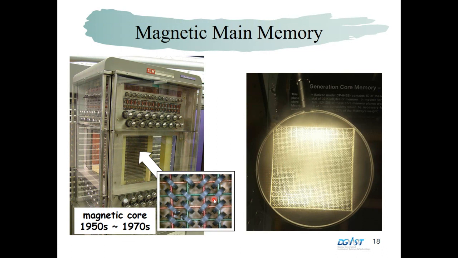I really ask the students, please remember the shape of this memory, because it is basically the same as the modern memory architecture. Even though we make them at very small sizes, the basic idea is the same. There is a cross of lines, and the information is stored at the cross point.